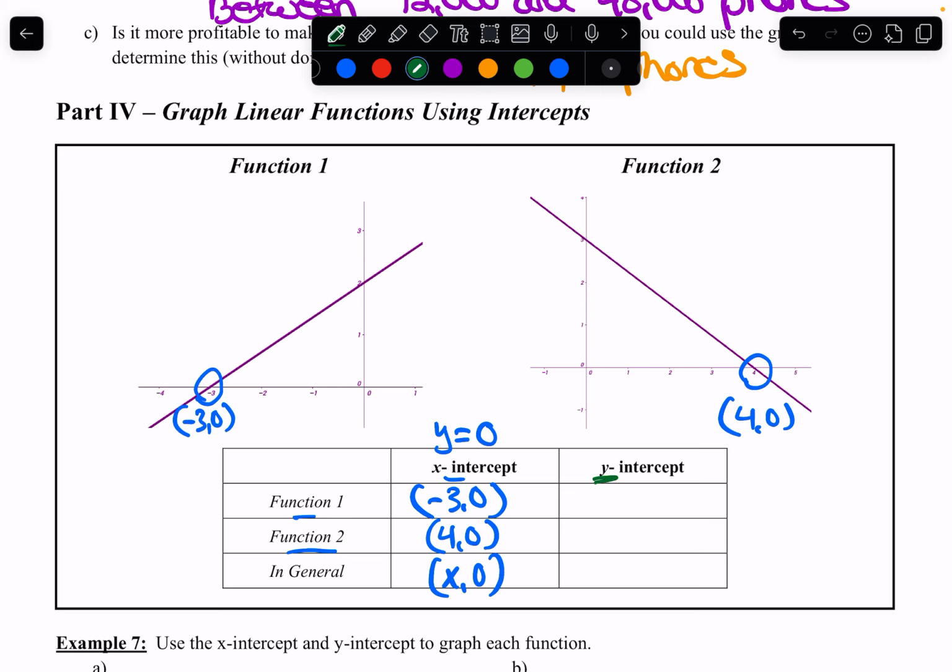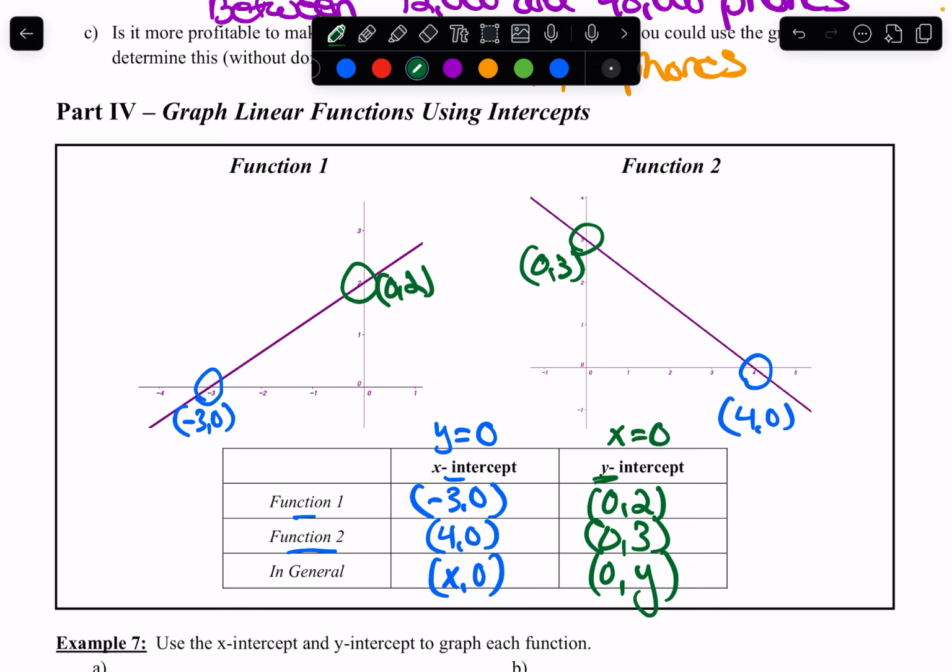For function 1, the y-intercept is (0, 2), right here. For function 2, the y-intercept is (0, 3). Again, the common thing for both is that x is 0 and y is where it intersects the y-axis. So for the y-intercept, x equals 0.